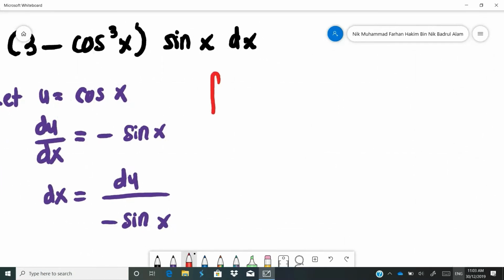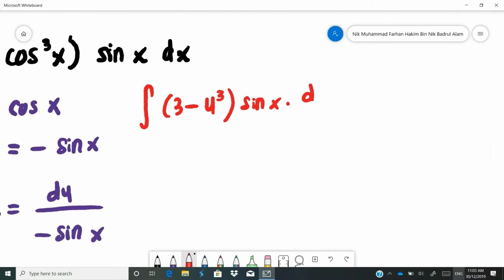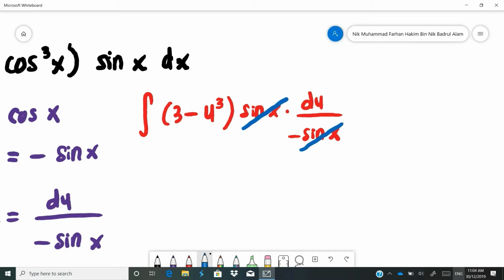So you'll have 3 minus u, since u is cos x, so u to the power of 3 here, right? Sine x is there, we didn't disturb anything, and dx is du over negative sine x. And then we'll see that we can cancel sine x with sine x.